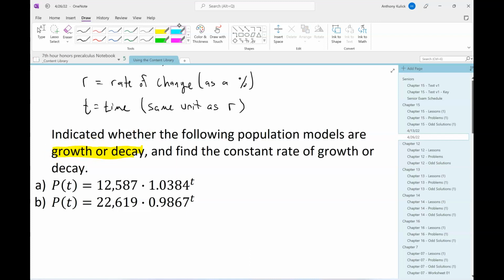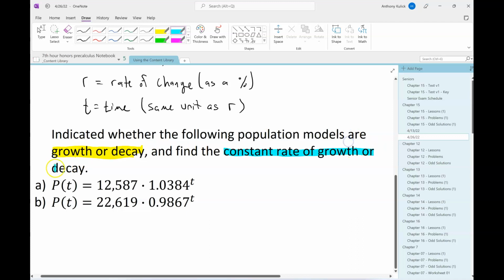And then the second part would be to find that constant rate of growth or decay. So if I'm looking at part A, how can I tell by looking at this equation whether this is growth or decay? What do I have to look at?